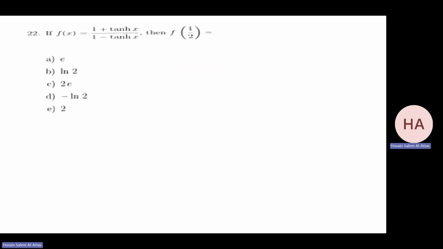If x equals this, find f at this value. So I have f of x is (1 plus e^x plus ... minus e^(−x)), e^x plus e^(−x) over 1 minus e^x minus e^(−x) over this.